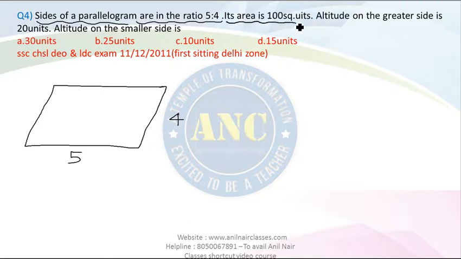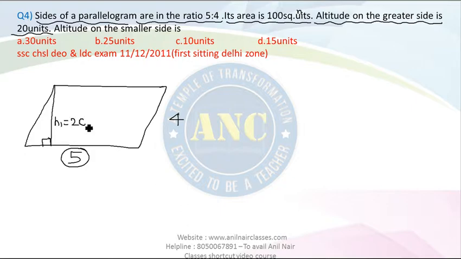Its area is 100 square units. Area of the parallelogram is given as 100 square units. Altitude on the greater side is 20 units. Greater side is 5. That 5 is nothing but the greater side. Now, if I drop an altitude here, this becomes 90 degrees. Now, this I will call H1.